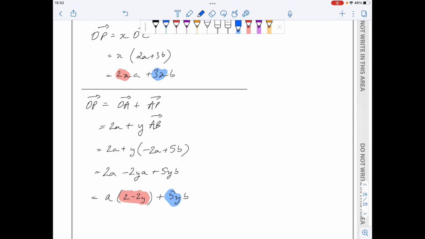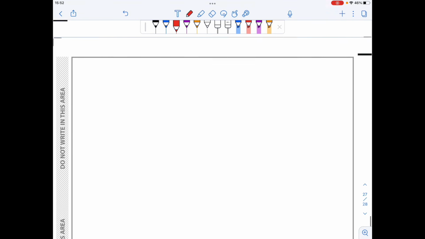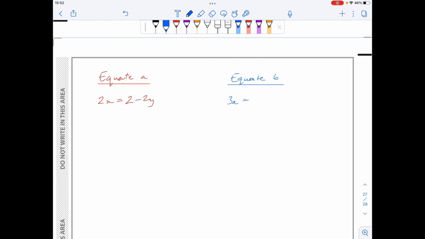So let's take the red: I'm going to equate the a's. This will give me 2x equals 2 minus 2y. And then I will also equate the b's. This will give me 3x equals 5y. I should solve this simultaneously.